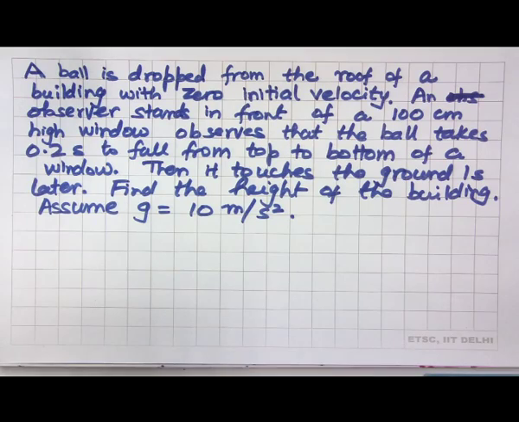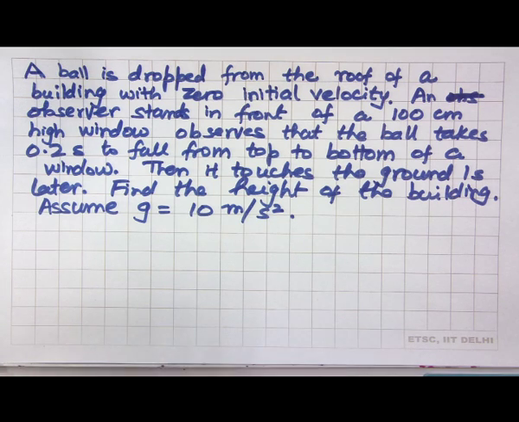The problem says a ball is dropped from the roof of a building with 0 initial velocity. An observer stands in front of a 100 centimeter high window, and he observes that the ball takes 0.2 seconds to fall from top to bottom of the window, and then it touches the ground 1 second later, and we have to find the height of the building.